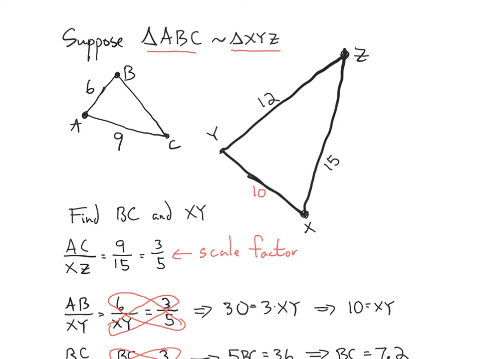So our unknown side BC is 7.2. And that's great. So with similar triangles, as long as you know that scale factor and you have one pair of corresponding sides, you can find the lengths of any other sides provided that you know one of them.